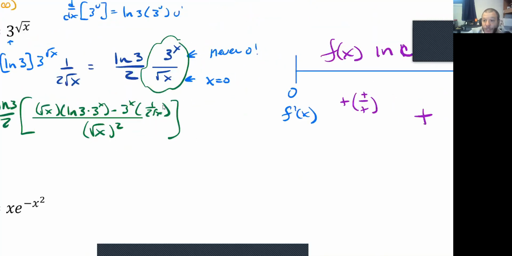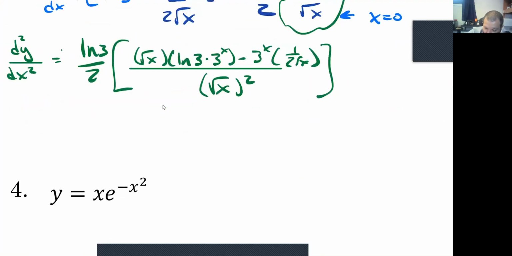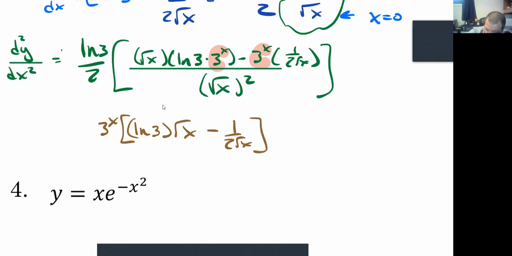All right, so let's see what we can do in terms of cleaning this thing up. There's a 3 to the x that appears in both. And so I can pull 3 to the x out front. I have natural log of 3 times the square root of x minus 1 over 2 radical x, this whole thing over x.